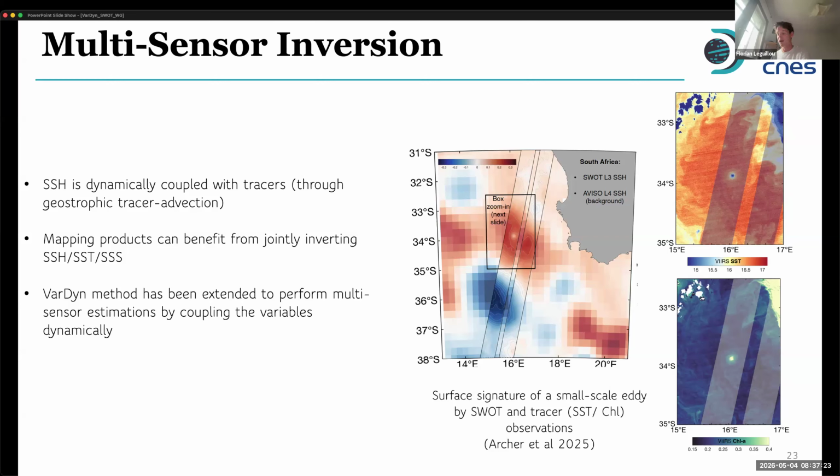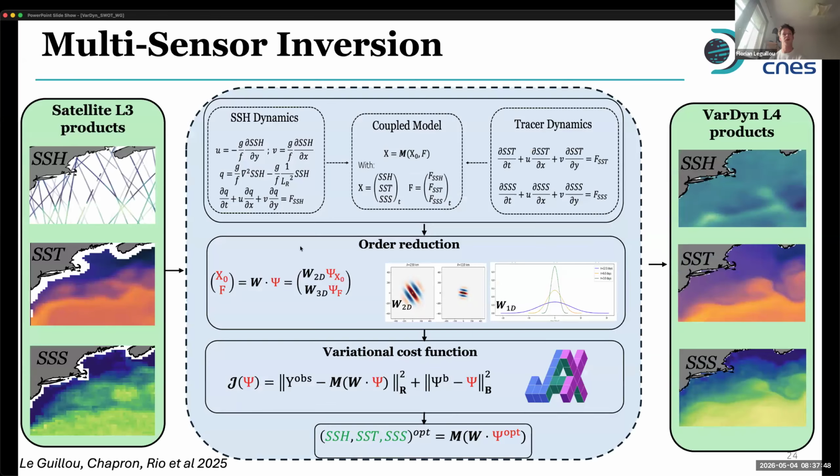We have worked for some months to try to include this dynamical constraint into the VarDyn system, to have a combination of assimilation of sea surface temperature, salinity, and sea surface height into a coupled model, in order to have at the end a high resolution output of all these variables. So it's what I show here.